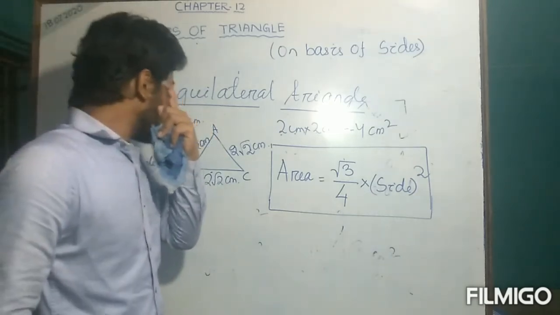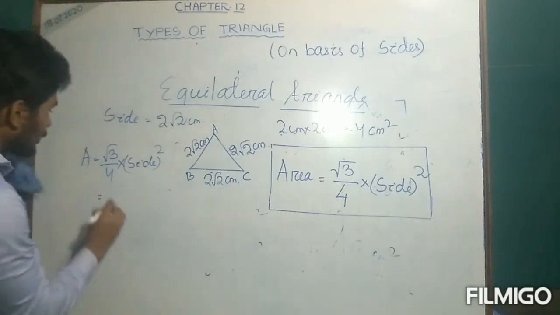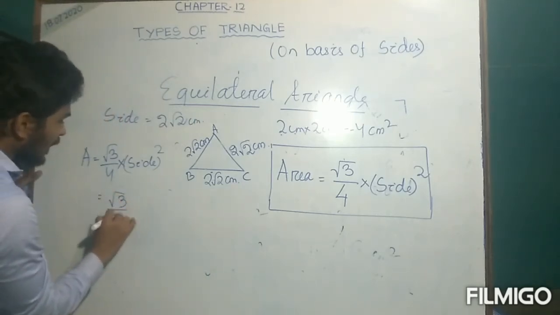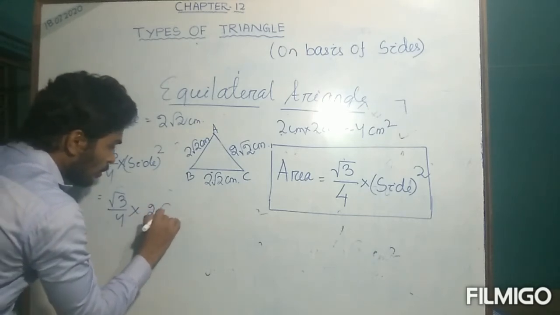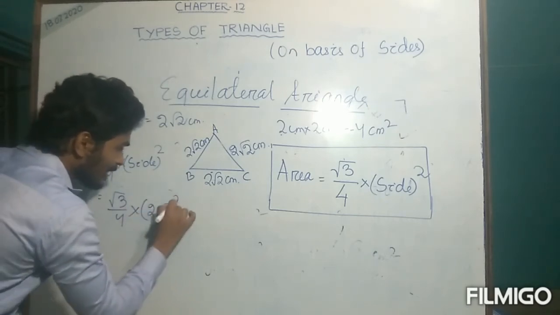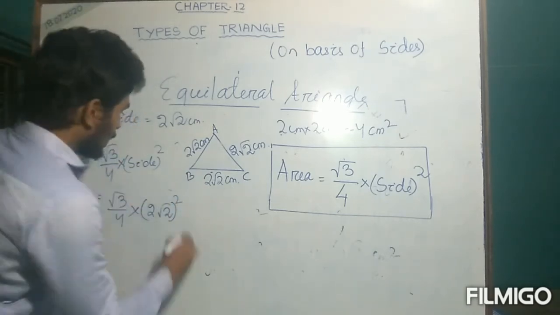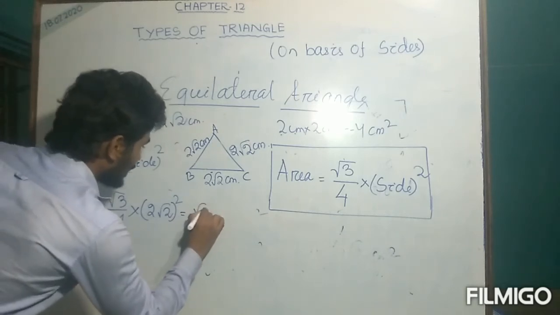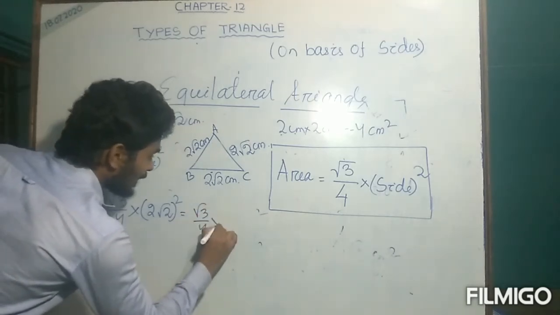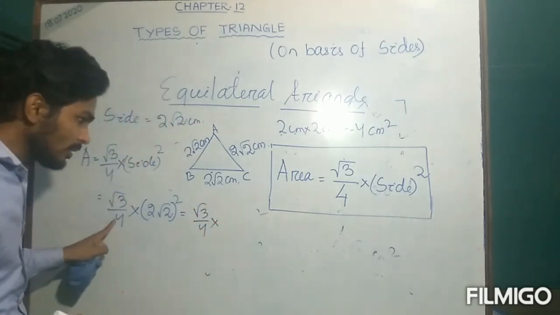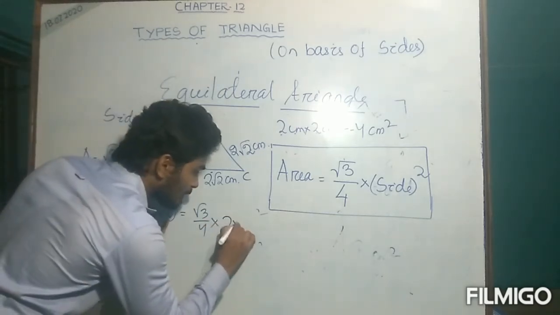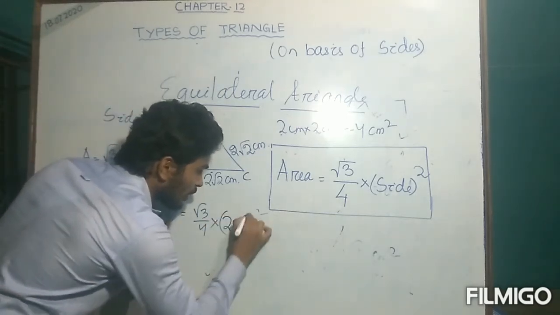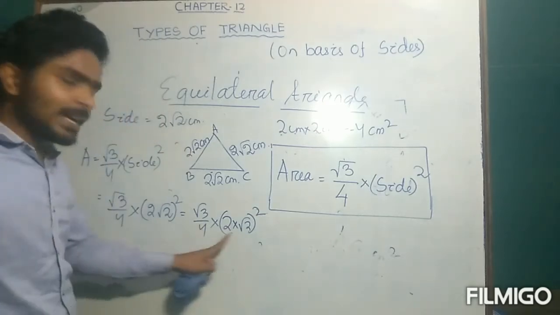Now finding the area. Since the area formula is root 3 by 4 into side square, your side is 2 root 2 square. Okay. Look at it carefully how I am calculating. So root 3 by 4 into 2 root 2, which means 2 into root 2, then its square.